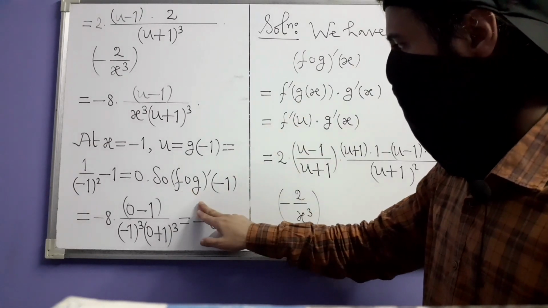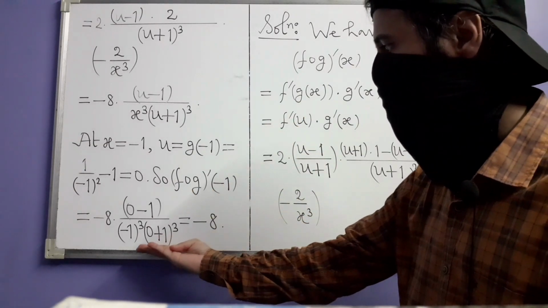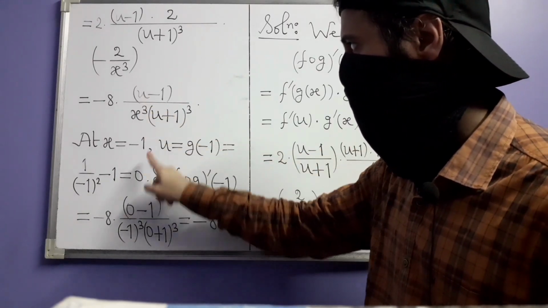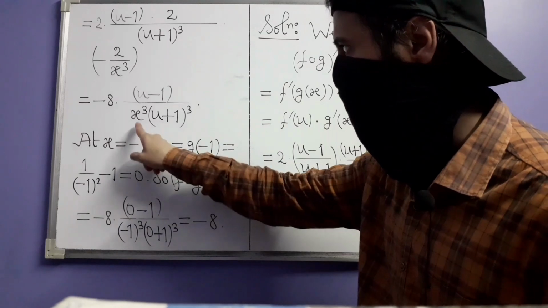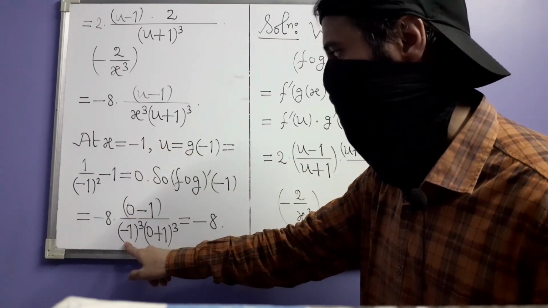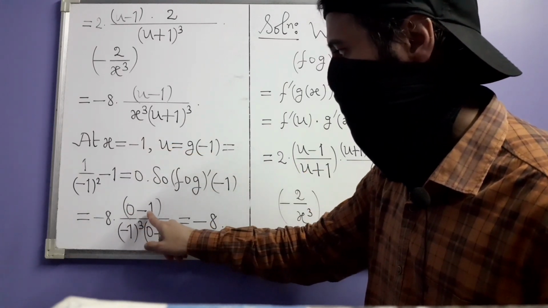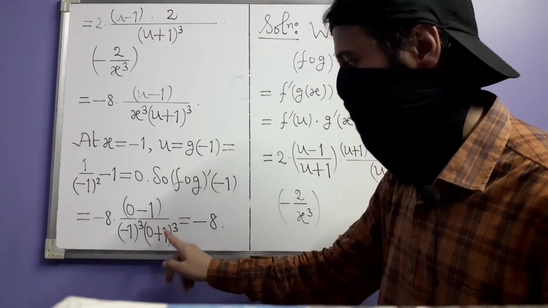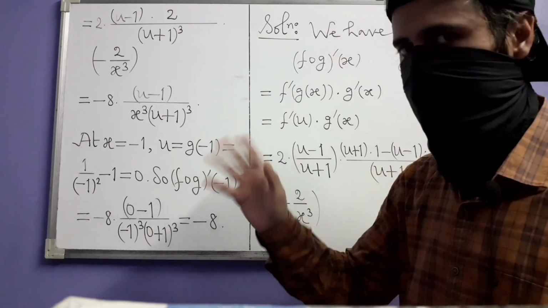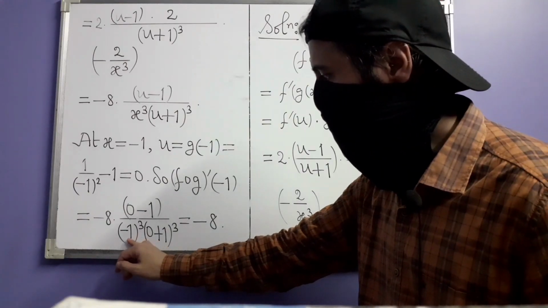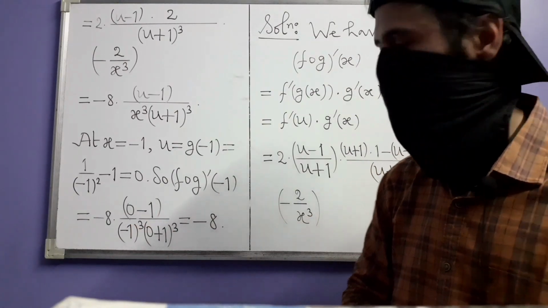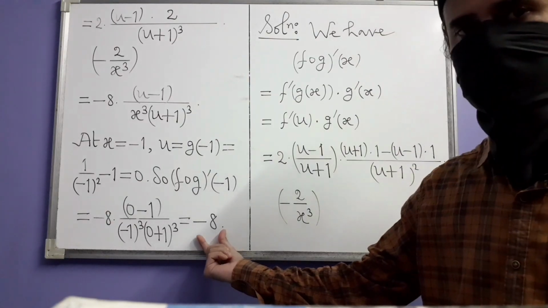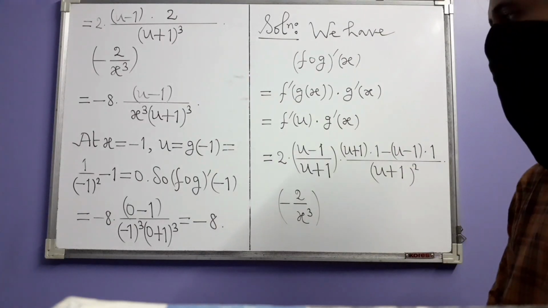So f composition g prime at minus 1 is this. u is 0 here, and you have put x equal to minus 1. So the numerator is becoming minus 1, and the denominator, this part contributes 1, so that thing vanishes, and again you are having minus 1. So after cancelling this minus 1 and minus 1, you are left with minus 8. So that is the answer.